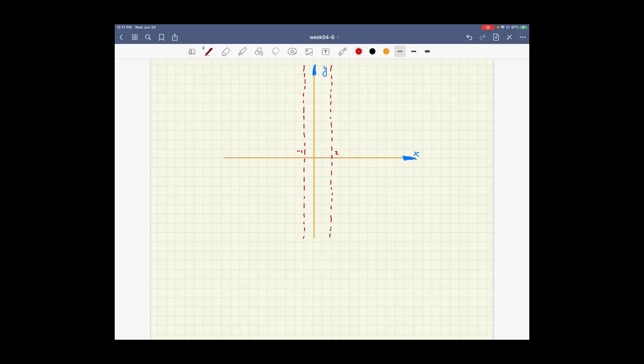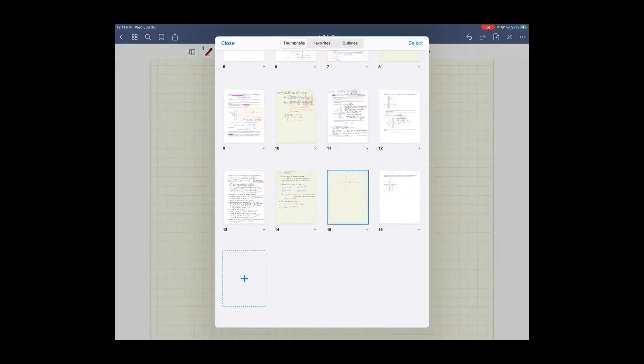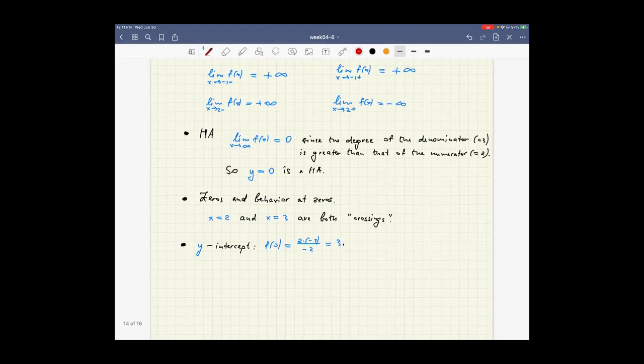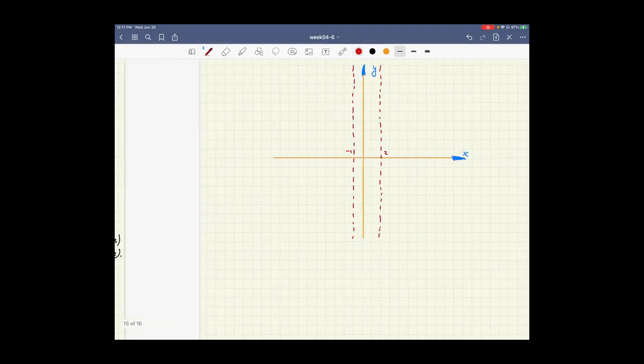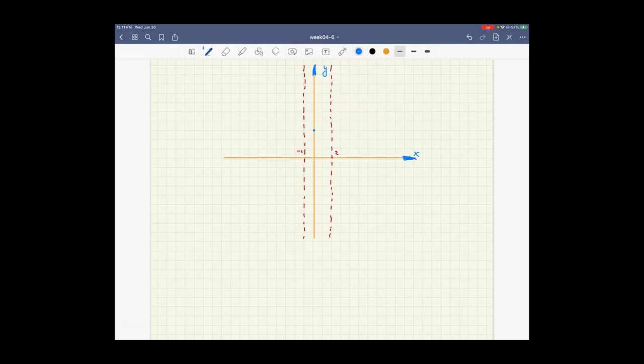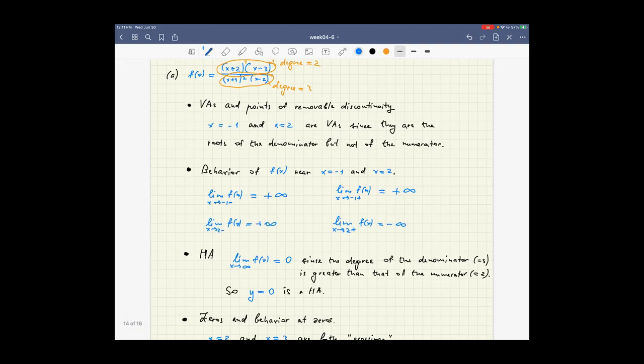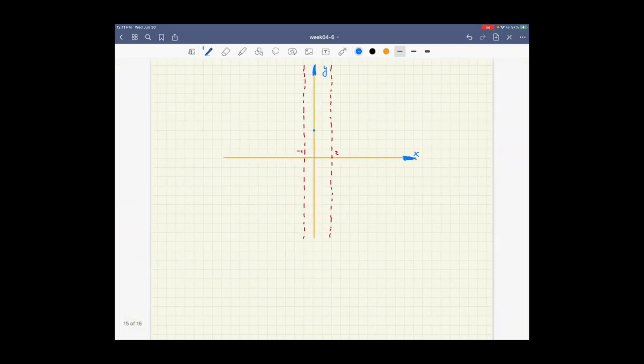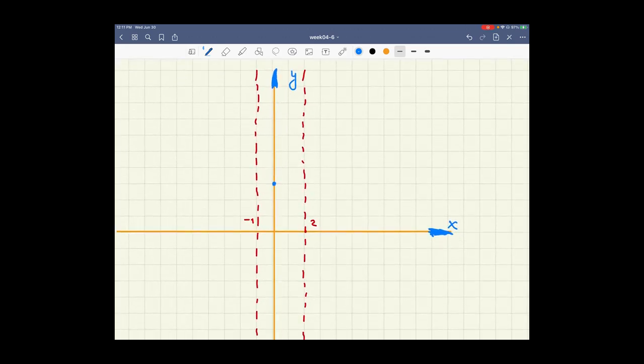The value at 0 is 3. Now, the behavior to the right of -1 and to the left of 2 is both positive infinity. So we can draw this piece.